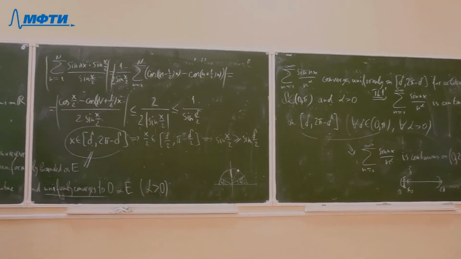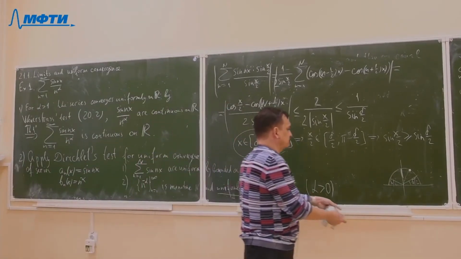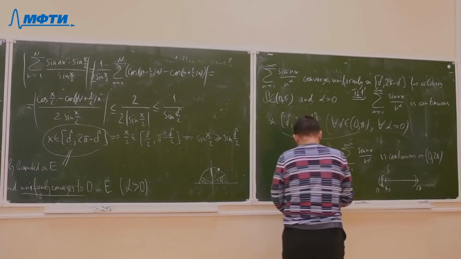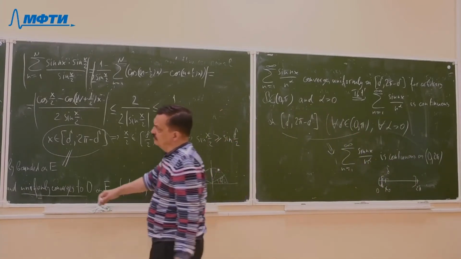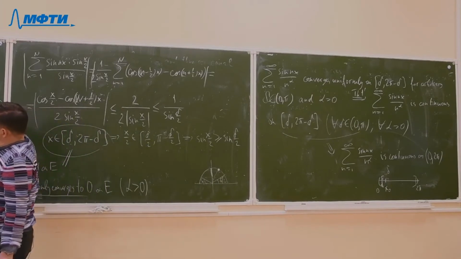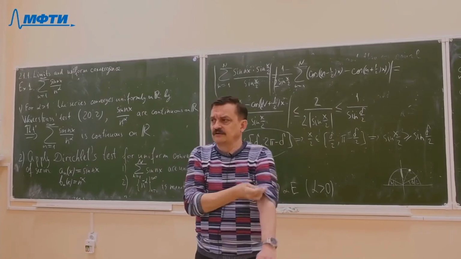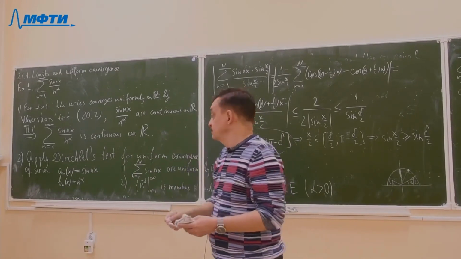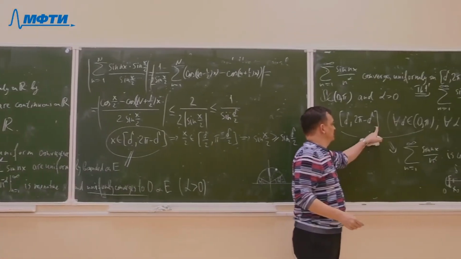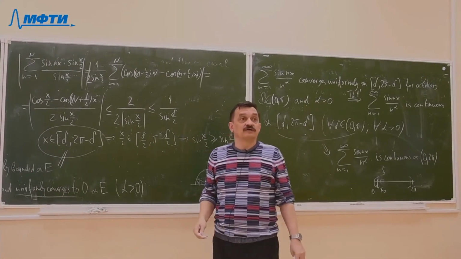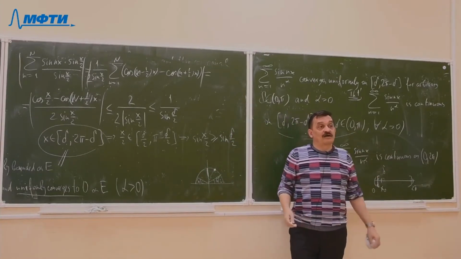Okay, to complete the former example, so look, at the moment, what do we know? We have uniform convergence on the whole real line for alpha greater than 1. We have uniform convergence on such a closed interval for arbitrary delta and for arbitrary alpha positive.